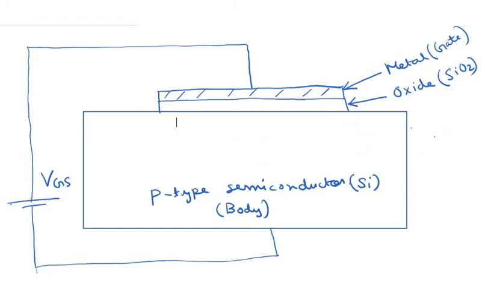When VGS is equal to 0, there is no electric field anywhere. Now I increase this voltage VGS. Electric fields would start impinging on the surface of the body in this direction. This electric field drives away or repels the holes. When we say it repels the holes, this means an electron would come and sit in the hole.